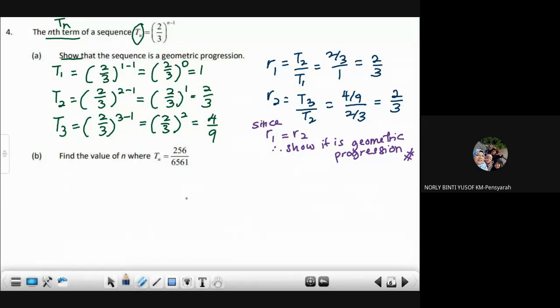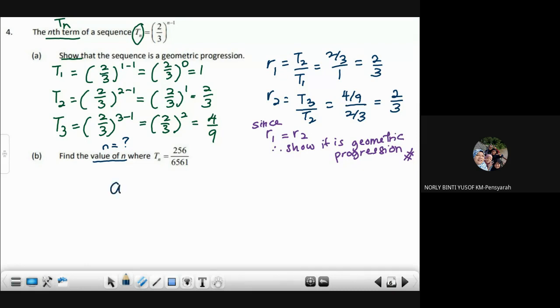Then we go to 4B in the same question. Find the value of n. So soalan nak n, where Tn, that means the n terms punya value, adalah 256 over 6,561. So you tahu n terms you. So you guna formula yang dia bagi.